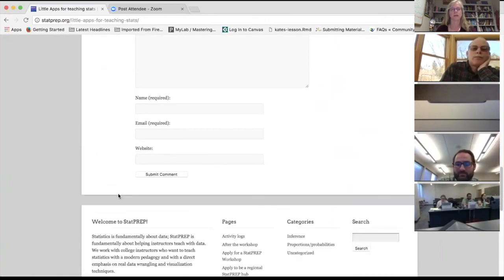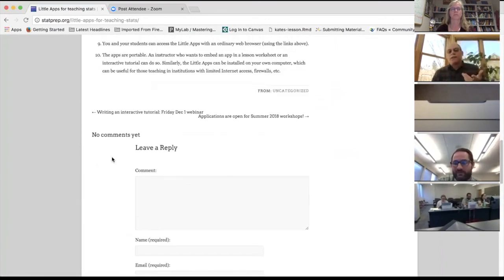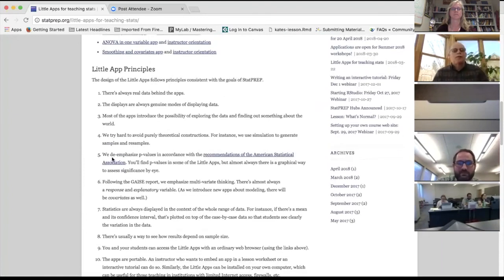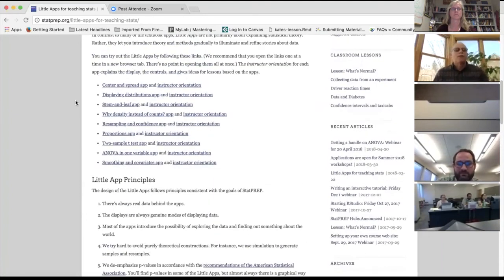Okay. And the links to the apps on the server are there in the blog. You can see it now on the screen. So they're right here. And the instructor orientations are right next to them. So this one belongs with wise density instead of counts. This one involves the sampling and confidence app.